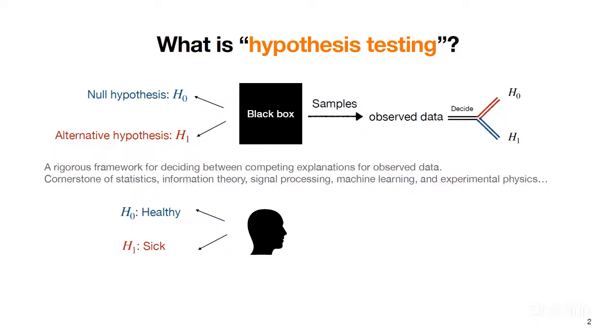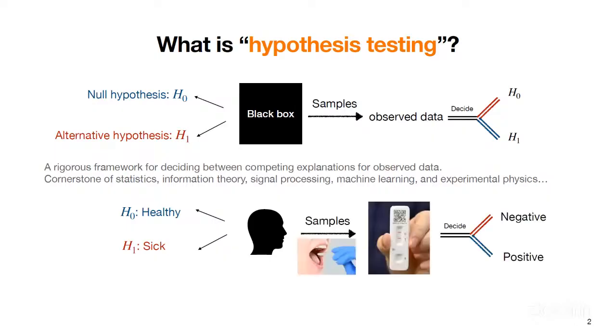So we have two descriptions for this person. But what we can do is take samples from this person and get some statistical data. Based on these statistics, we can decide whether the person is healthy or sick, depending on whether the data shows negative or positive.